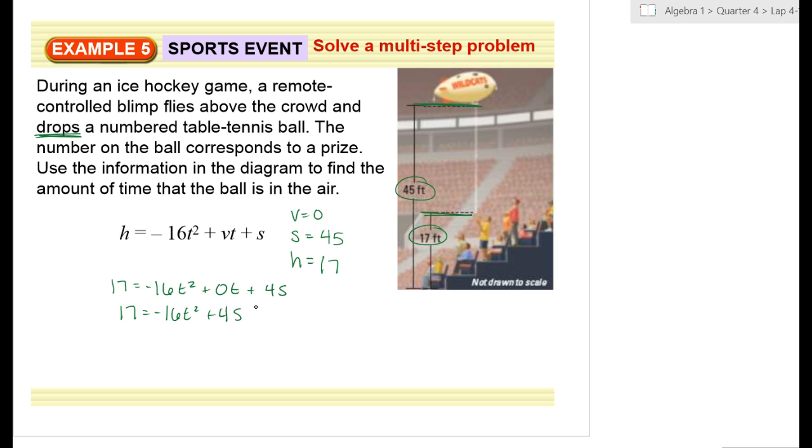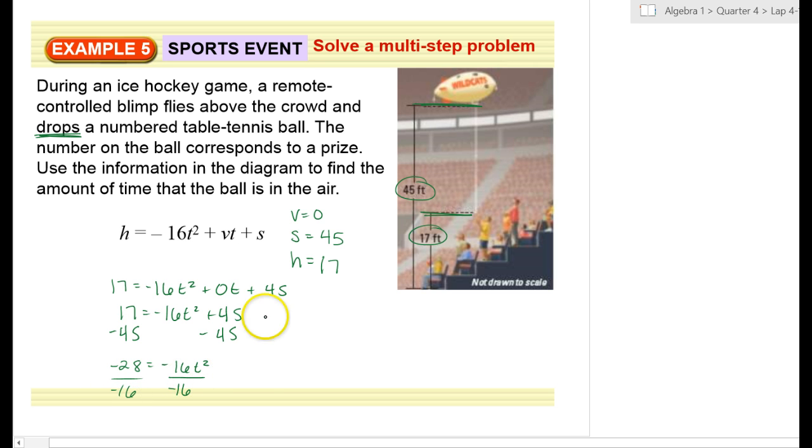Alright, there's no b value, so I'm just going to solve it like normal. I'm going to subtract 45 over. When I do that, I get negative 28 is equal to negative 16t squared. When I divide by negative 16, I get 1.75 is equal to t squared.